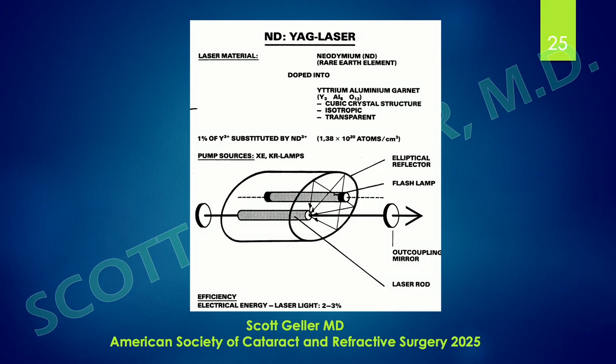It's a cubic crystal in its structure, isotropic, and it is transparent. 1% of the yttrium is substituted with neodymium. And if you really want to get into the details, that is 1.38 times 10 to the 20th power atoms per cubic centimeter. The pump sources that excite this crystal are usually xenon lamps.